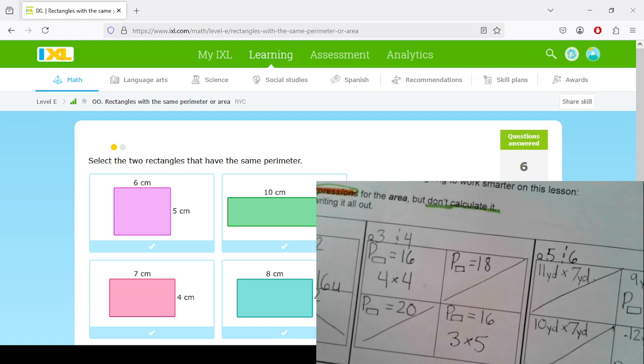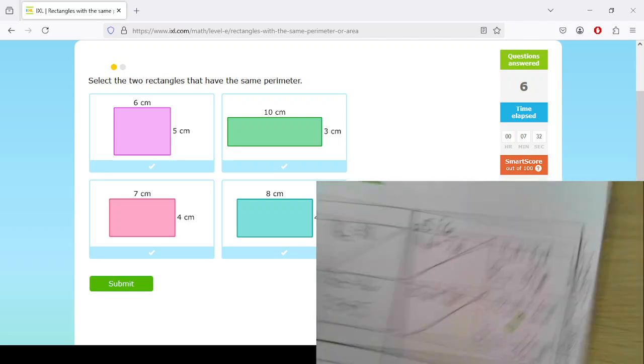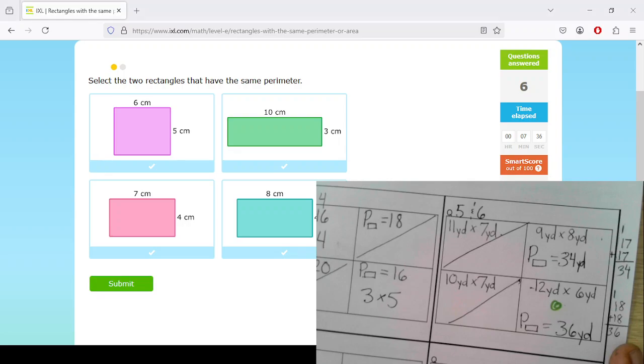Be extra careful that you pay attention to the question, because if they ask you for the smaller area, you have to give them the smaller area. If they ask you for the larger perimeter, you have to give them the larger perimeter. And because there's so many things on your paper and you're not writing everything out neatly, put a little dot on your final answer to help you focus. Okay, this is the correct one. You want to keep track.